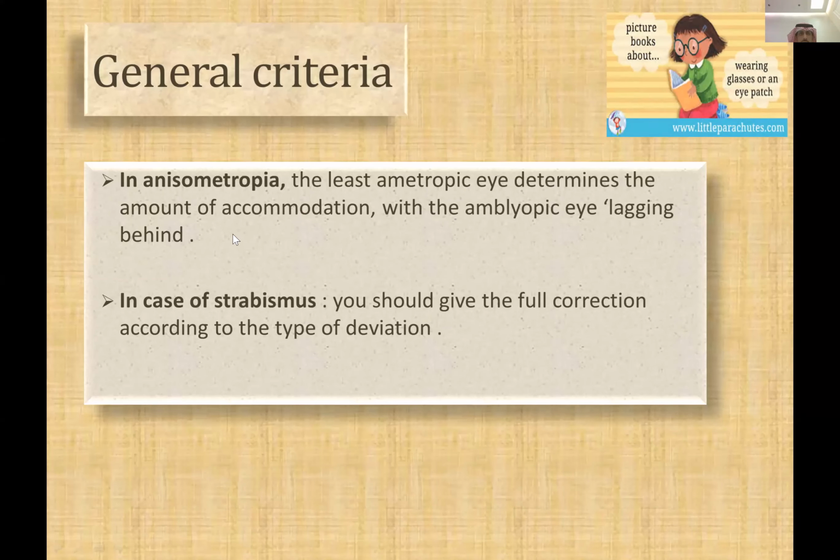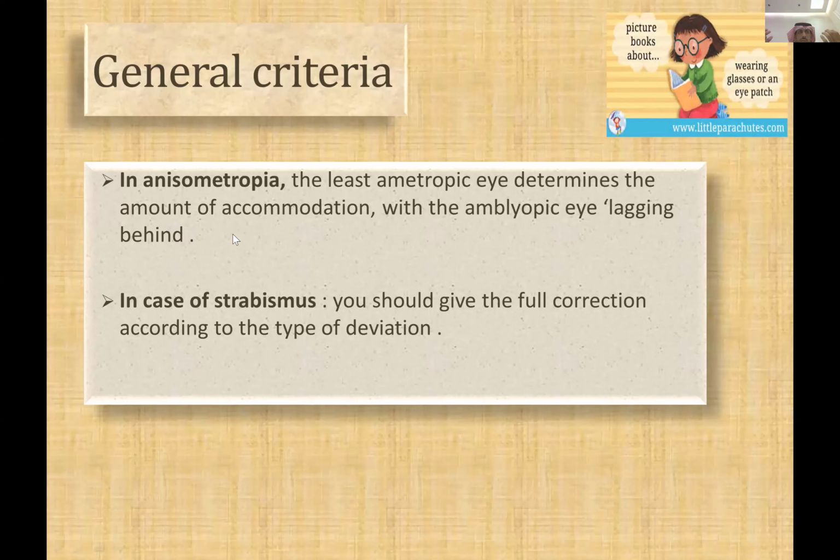I'll give an example. If you have a patient with anisometropia and his refraction in one eye is +5, for example, and in the other eye is +2, the eye with a refraction of +2, if it is the good eye, will drive and determine the amount of accommodation in the other eye, which is +5, because accommodation is a bilateral condition.